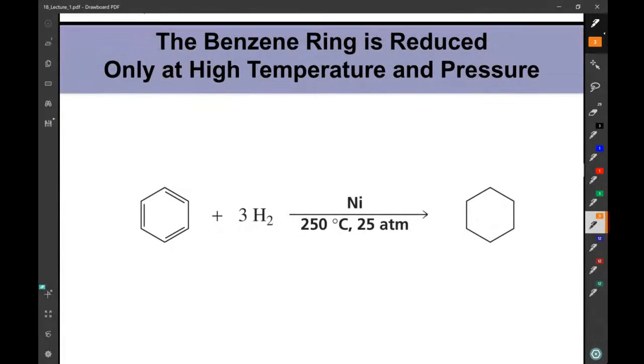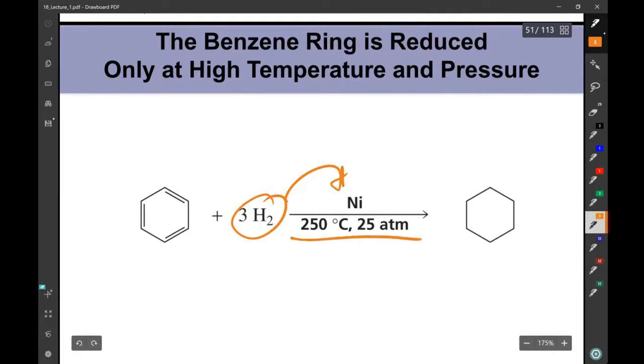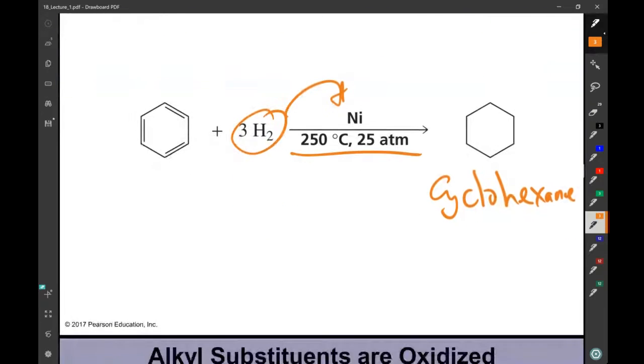Another reduction reaction that the benzene ring can undergo is at high temperature. If you heat the benzene ring in the presence of hydrogen and nickel at very high temperature and pressure, you will reduce that benzene ring to a cyclohexane ring.